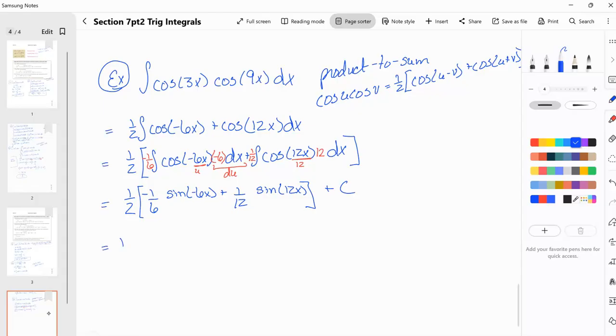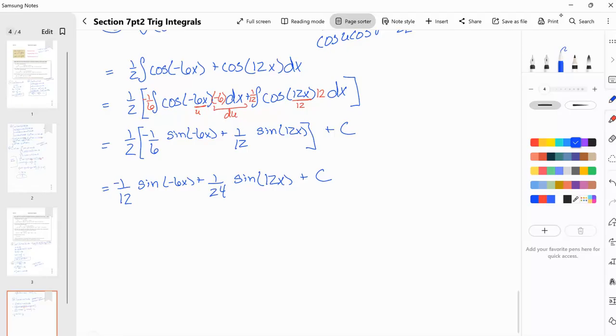So let's simplify. This is going to be a -1 over 12 sine of -6x plus 1 over 24 sine of 12x plus c.